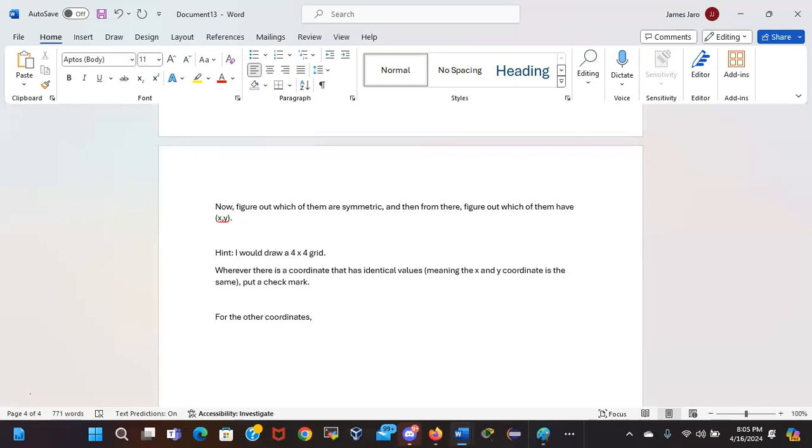So once we have this, what I want you to do is for the other coordinates, take the original coordinate, then invert it.